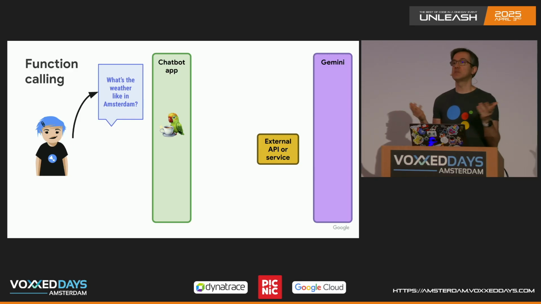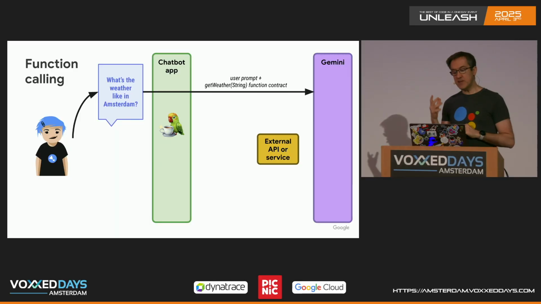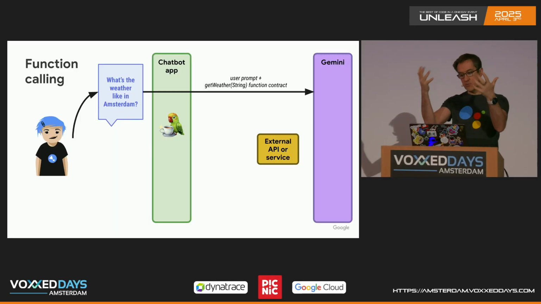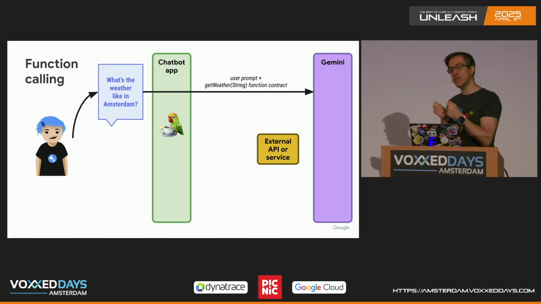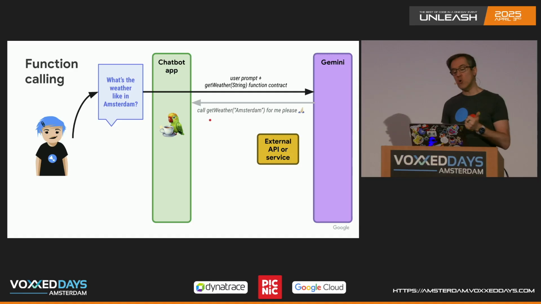LLMs don't know about live weather information, obviously. So you give the model the question, but you also tell it that in case there are questions about the weather, there's a function, getWeatherString, that can be called to answer the question. At that point, the model will reply, hey, could you call that function for me?